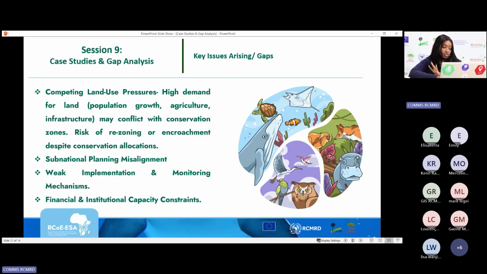There's also the issue of finances and also the institutional capacity constraints. In terms of finances, we have to frequently campaign and advocate for more funds to be allocated to conservation and even this spatial planning. So that is also key. And then there is continuing to improve the capacity of various people being employed in these institutions that are meant to ensure proper implementation of these development plans.